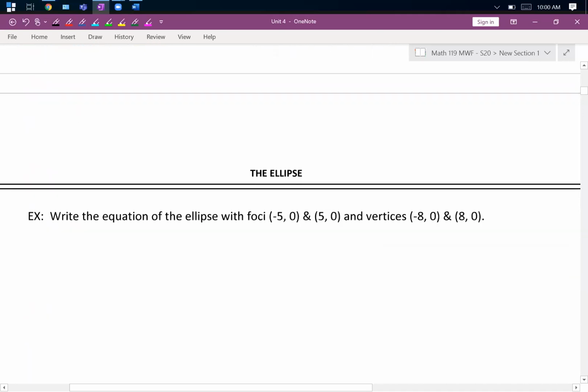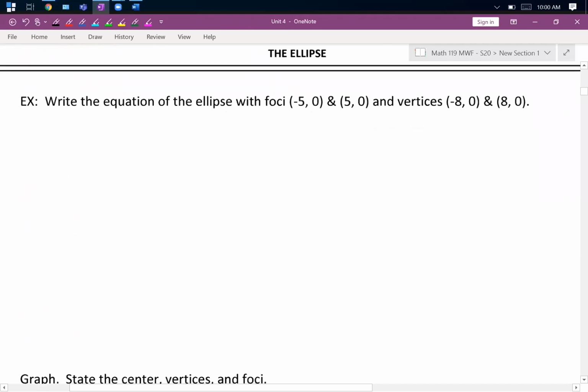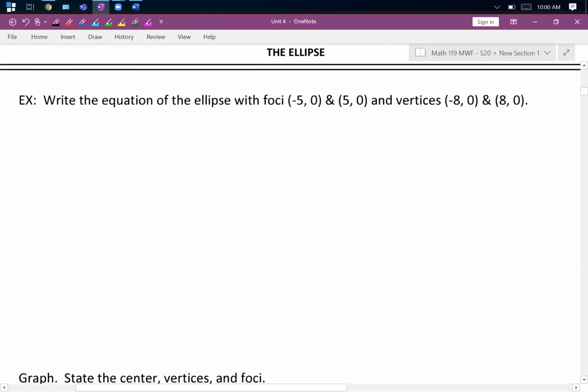So now we want to write the equation of the ellipse having foci -5, 0, and 5, 0, and vertices of -8, 0, and 8, 0. We are going to be using our standard form. So whether it's A or B on the bottom, well, you're going to look at your foci and your vertices.